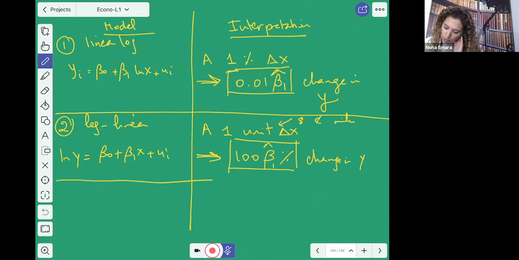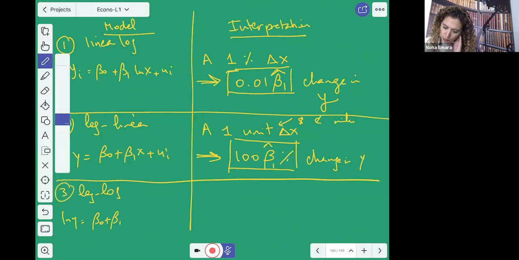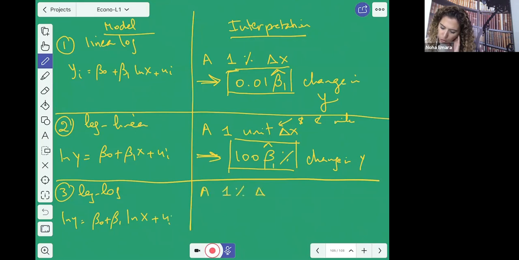Last one, the easiest. So log-log: log y equals beta naught plus beta 1 log x plus ui. So here again, a 1% change in x is associated with beta 1.